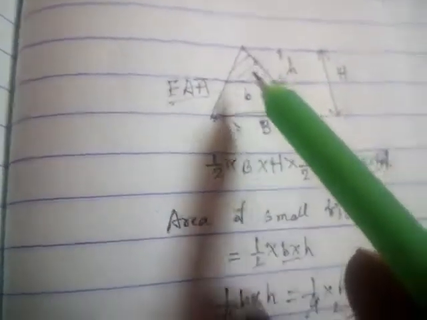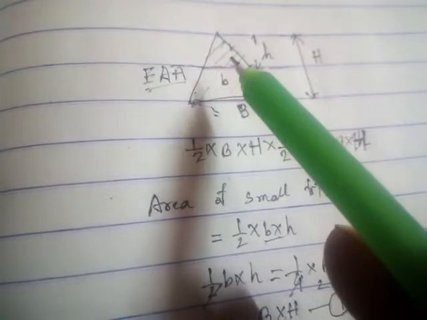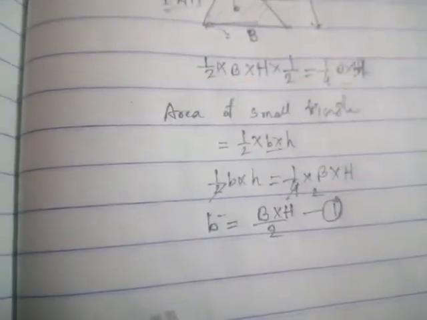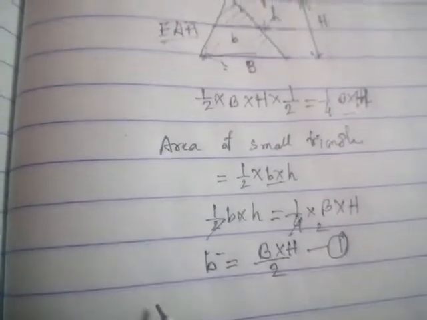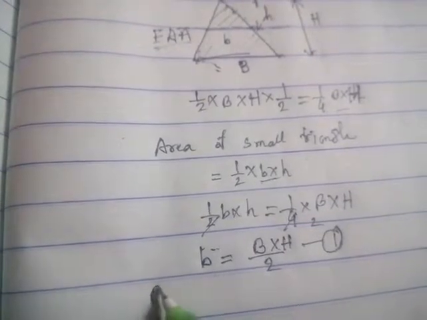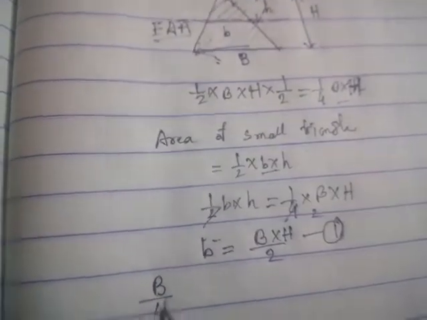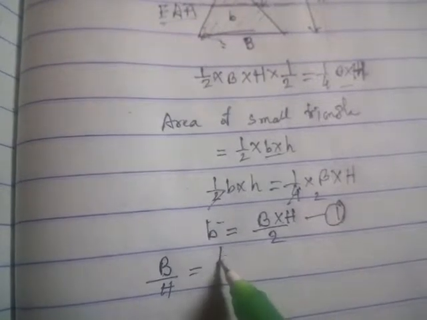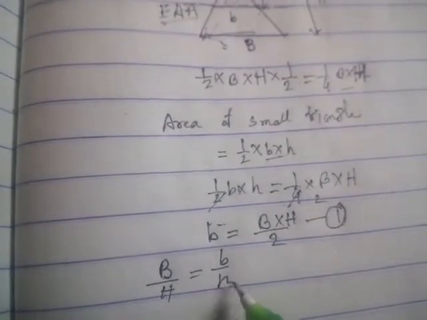Now from the geometry of these two triangles we can write capital B by capital H equals small b by small h.